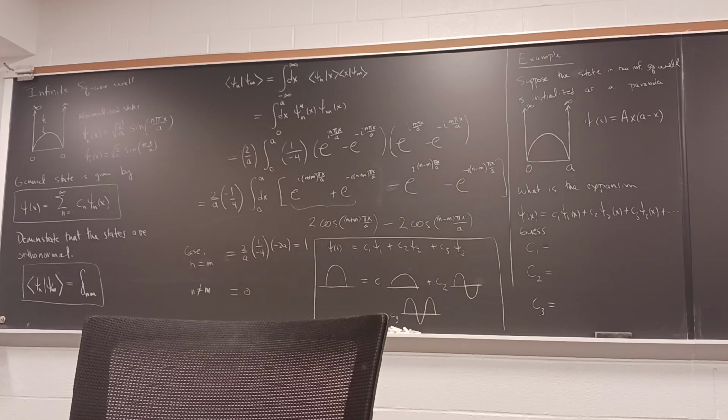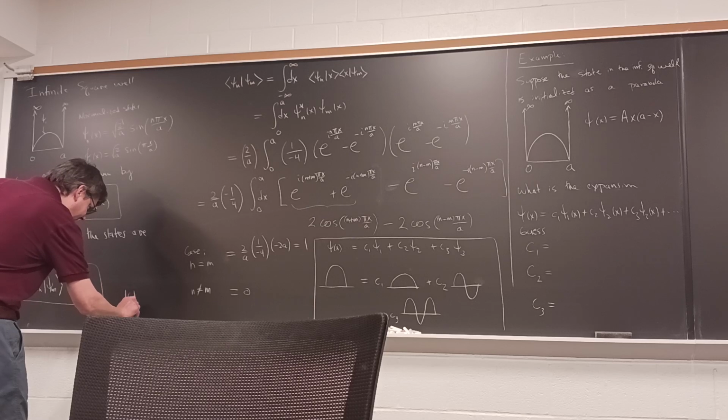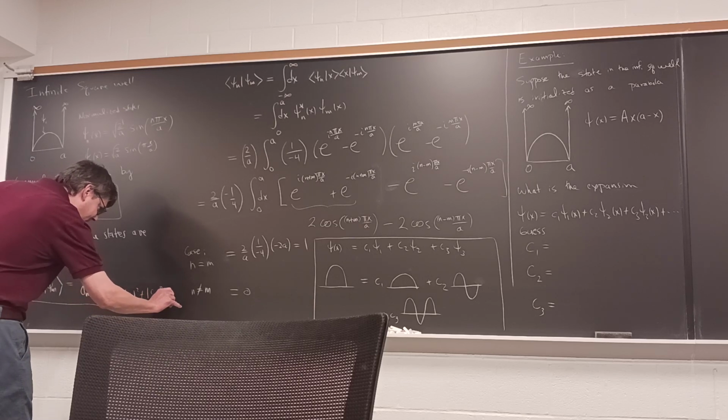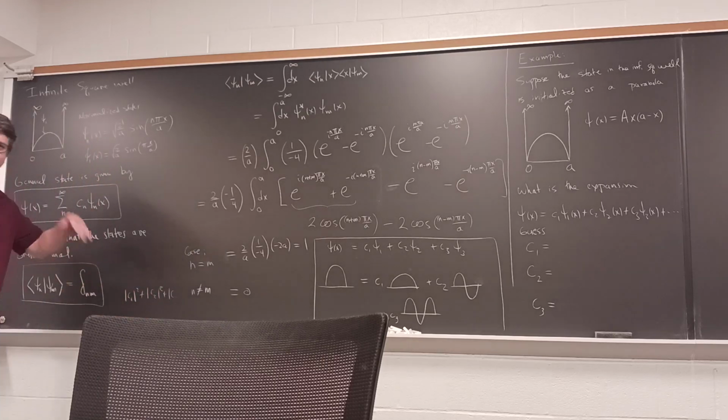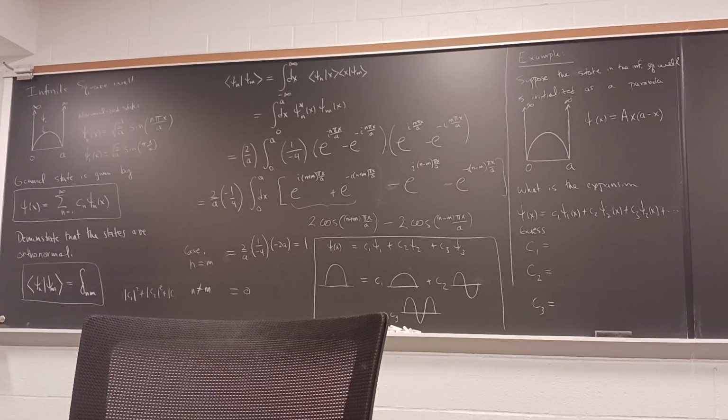Remember, you have to have the sum of the coefficients squared, magnitude squared, equal to 1. It has to sum up to 1. Okay, I see. So 1 over root 2.